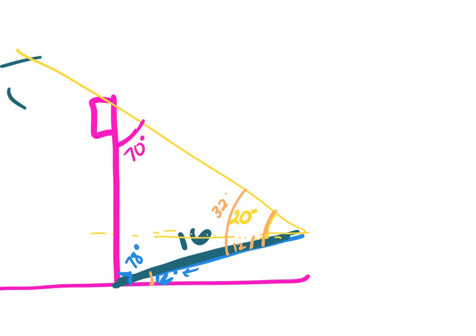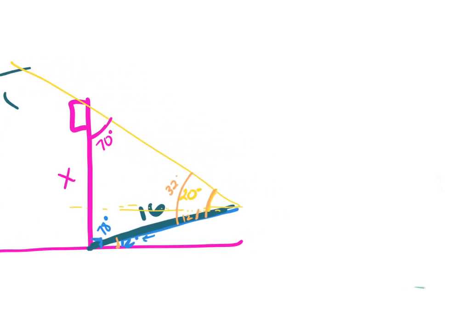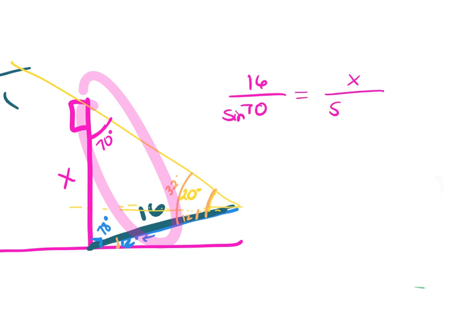And then I'm looking for, what are you looking for? The height of the flagpole. So here's my complete ratio, 16 over the sine of 70 equals x over the sine of 32. And then 16 sine 32 divided by sine 70.